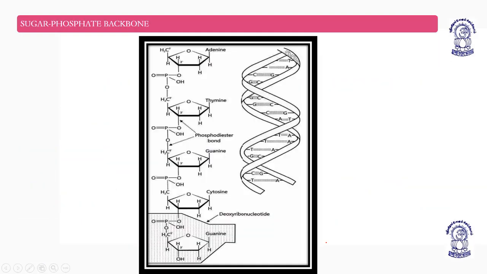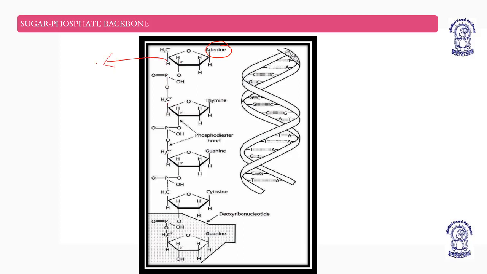Now, the sugar phosphate bond. Here we have a deoxynucleotide structure, a DNA structure, in which you can see the sugar phosphate bond. On the pentose sugar, adenine is attached, and the phosphate group is on the 5' end.